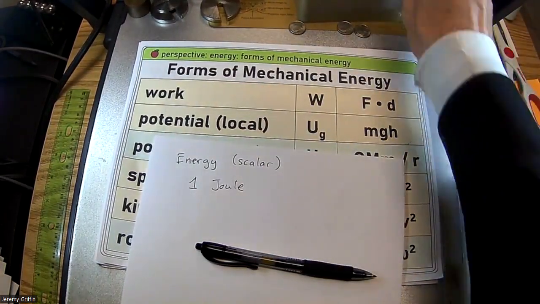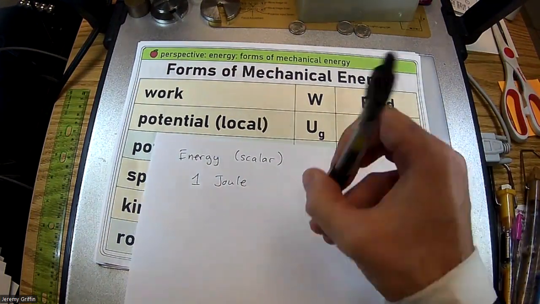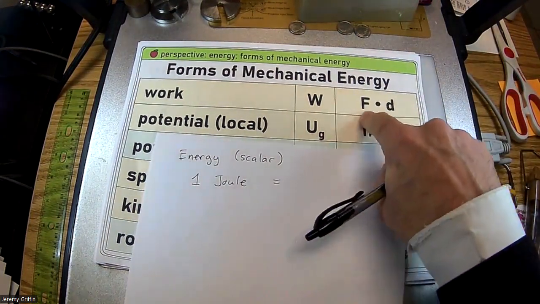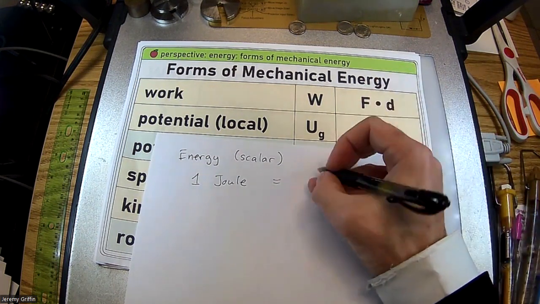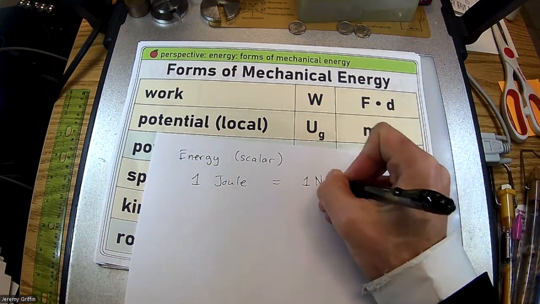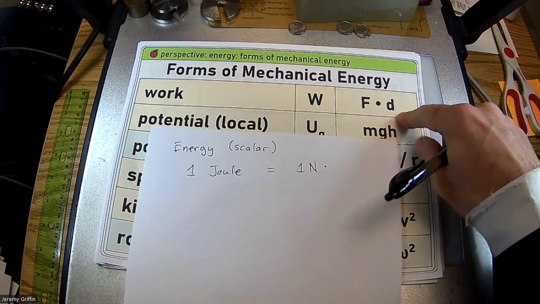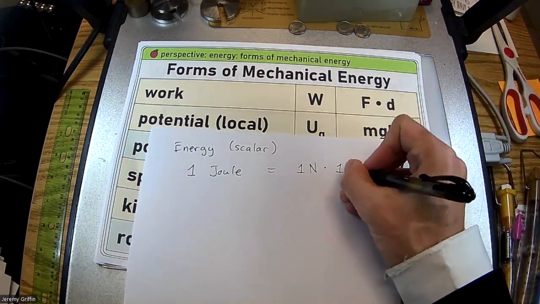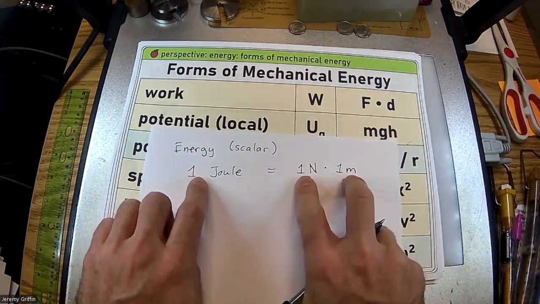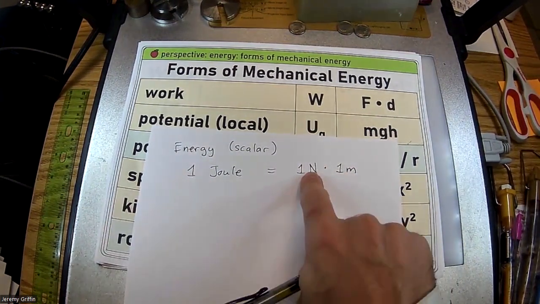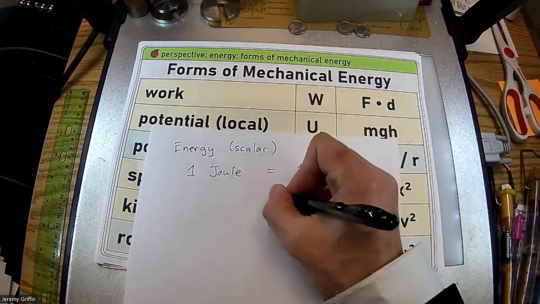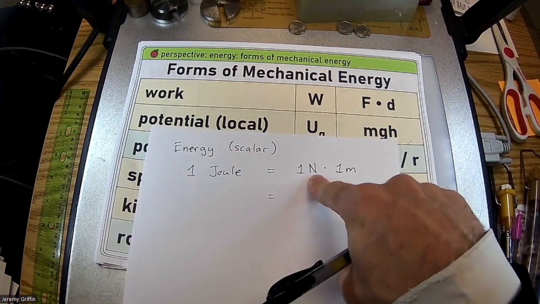But look at these variables, and you can get an idea exactly what 1 joule is in terms of units. Right, guys? Force is measured in what? Newtons, right? And distance is measured in meters. So if you multiply 1 newton by 1 meter, that's the same thing as 1 joule, right? But newton itself is a derived unit, so I can break that down. You guys remember Newton's second law of motion? F equals ma.